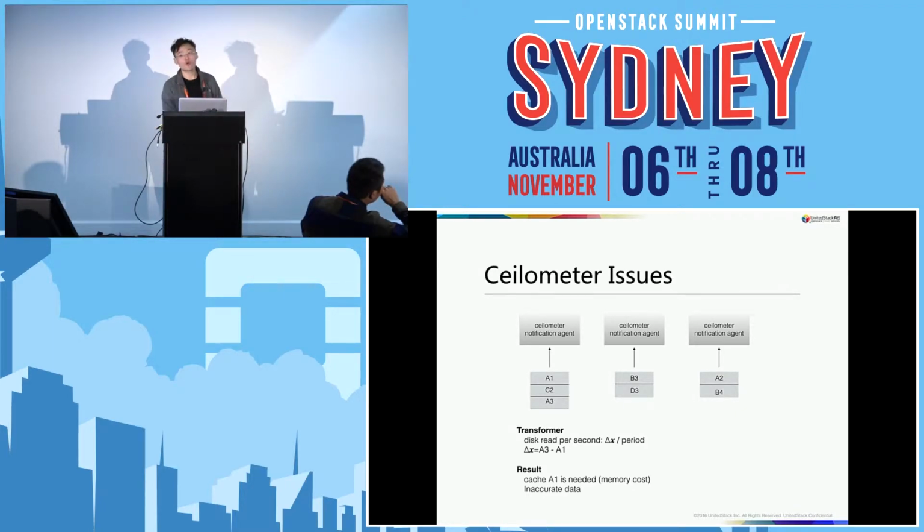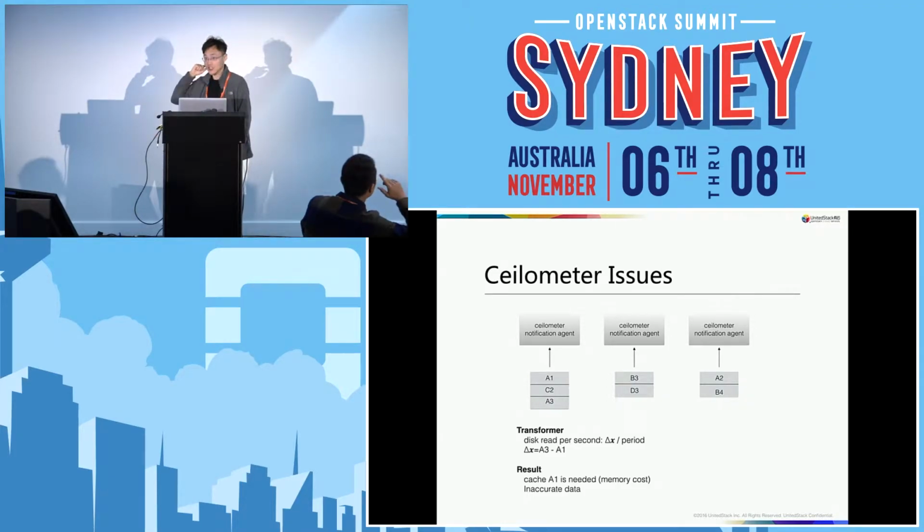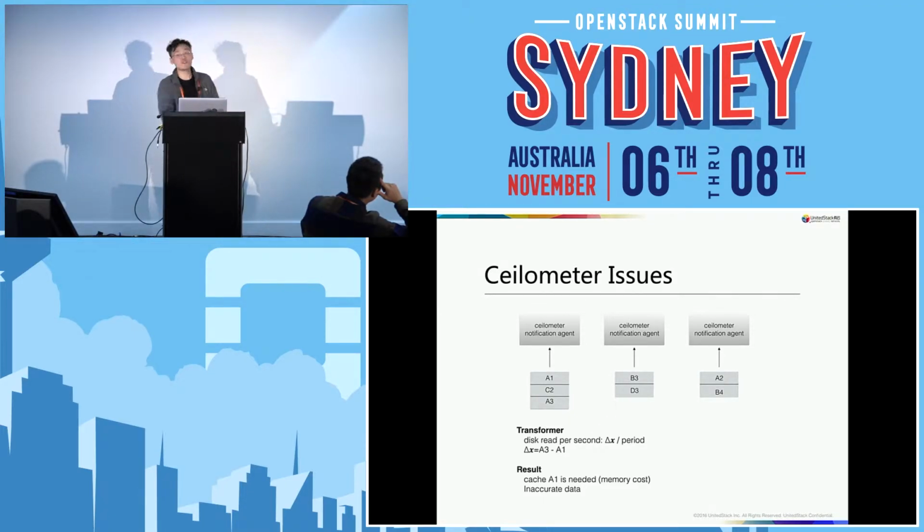The delta is the current sample minus the previous sample. Like here, in the first Ceilometer engine, the current may be A3 and the previous is A1. So A1 should be cached until A3 arrives. Now it becomes A3 minus A1.